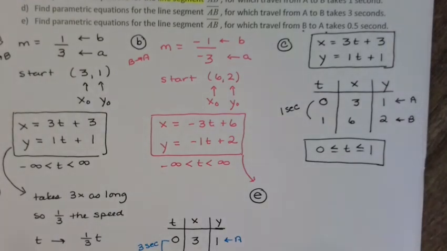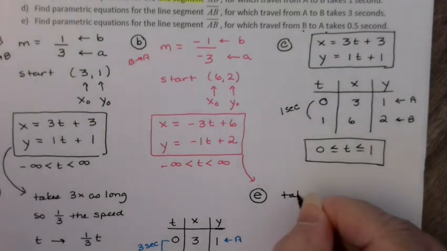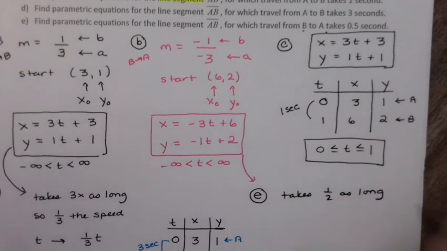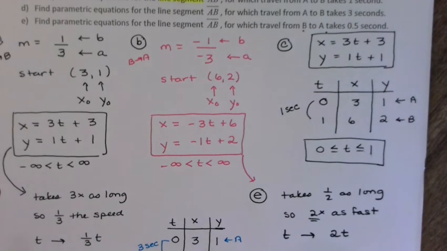So it takes half as long, therefore I'm going twice as fast. That means I'm going to replace my t's with 2t's.